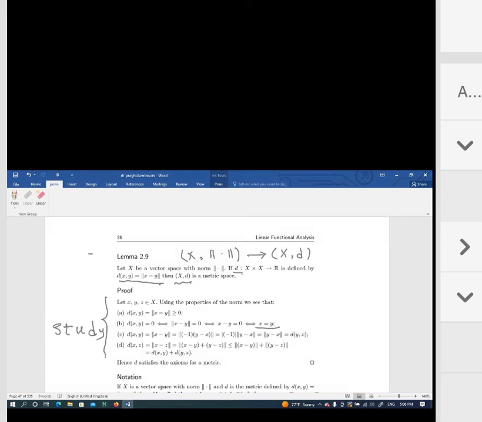This is another property of a metric space. We can prove the other properties similarly. I wrote it for your study, so please study the proof of this lemma.